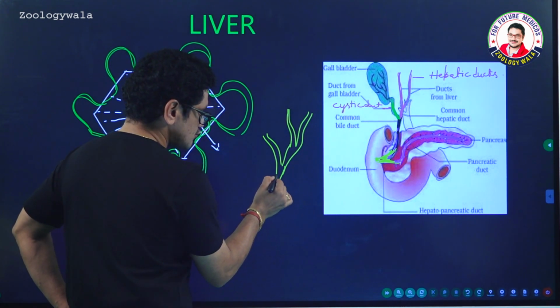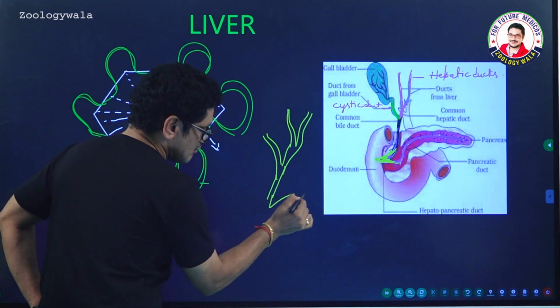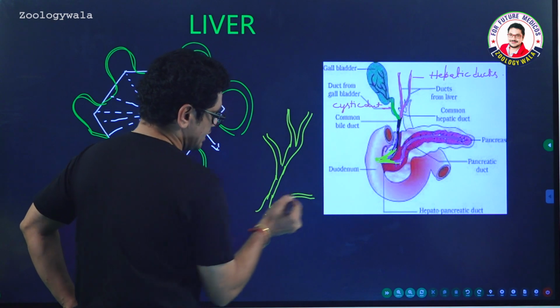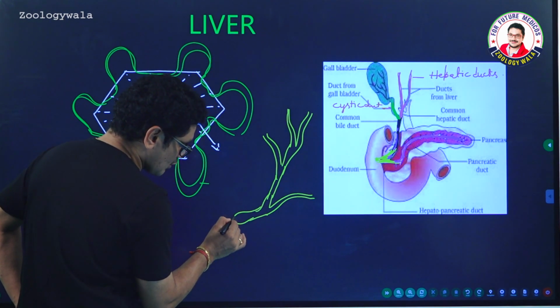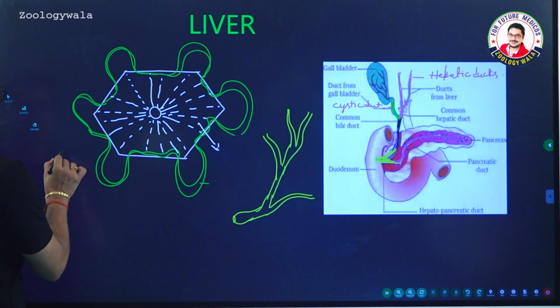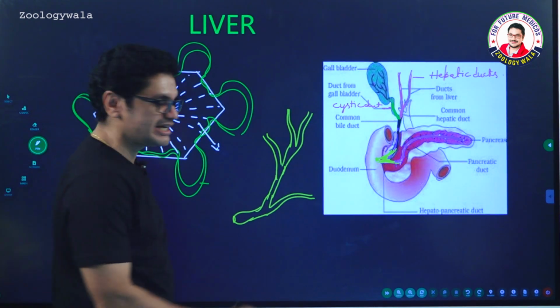Both will combine to form common bile duct, and this common bile duct combines with the pancreatic duct, this is pancreatic duct, to form hepatopancreatic duct, and the swelling is hepatopancreatic ampulla. Am I clear? Very important from the examination point of view, especially NEET point of view. That's why I am repeating here.